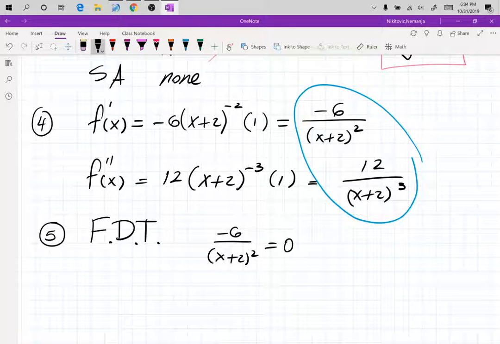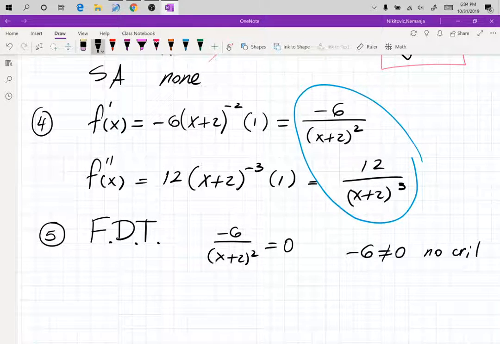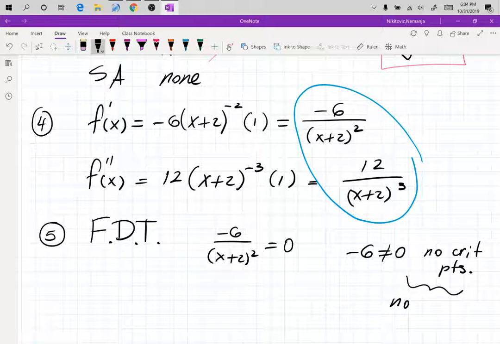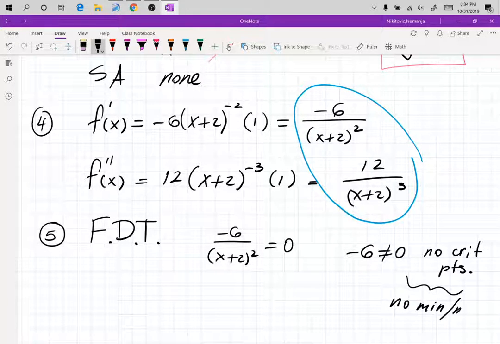We cross multiply, and we find that -6 equals 0, which is not true. So no critical points. No critical points means no min or max, because min and max must occur at critical points.